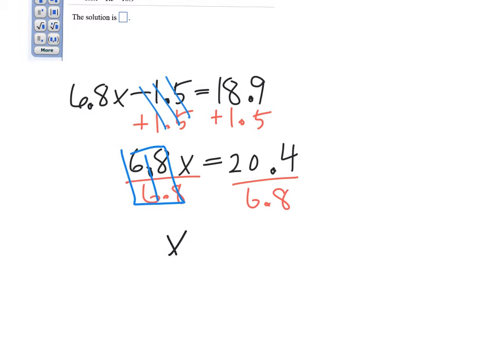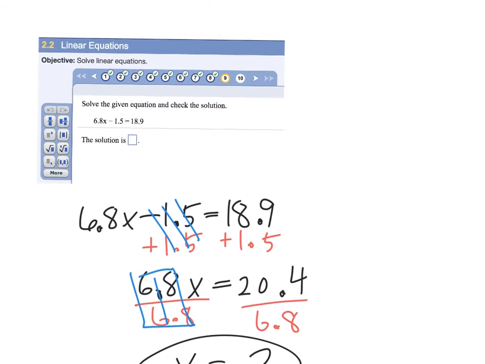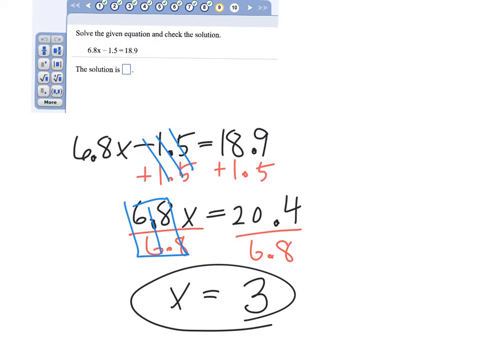So you end up with x is equal to, now I'm going to type in 20.4 divided by 6.8. And that gives me, oh geez, I could have done that, 3. That equals 3. And so our answer for x, way up there, is 3.